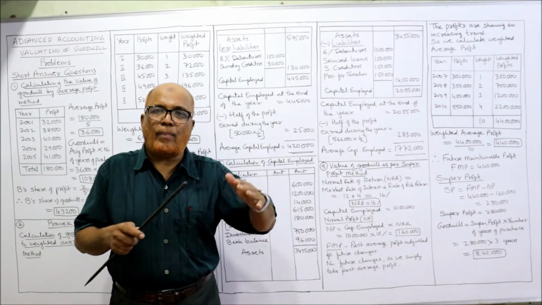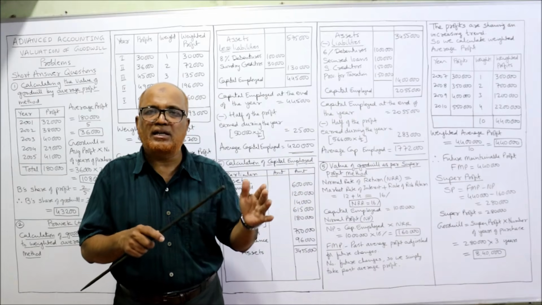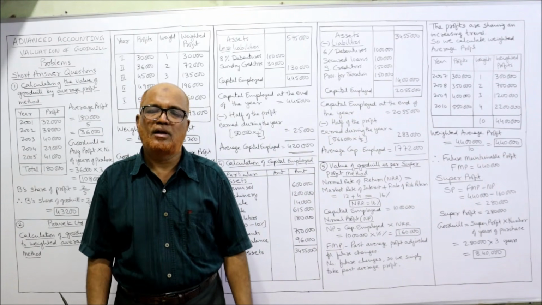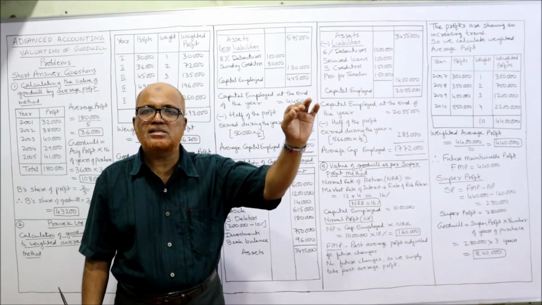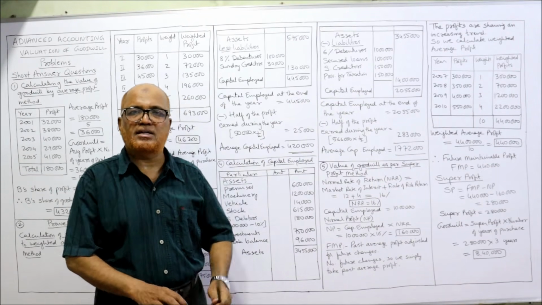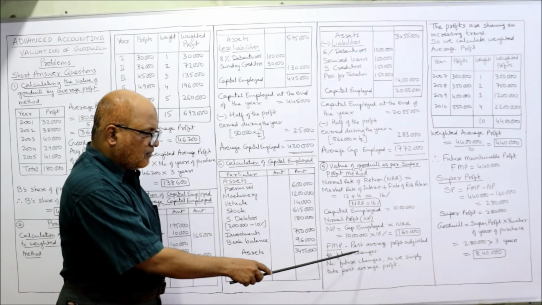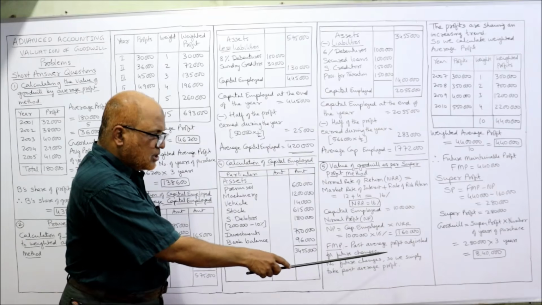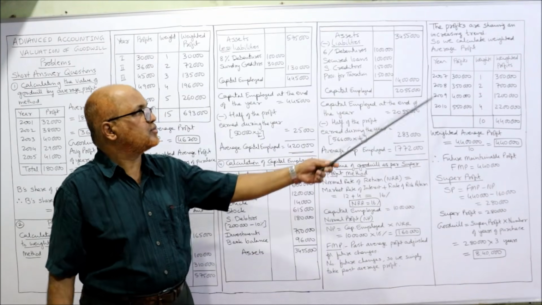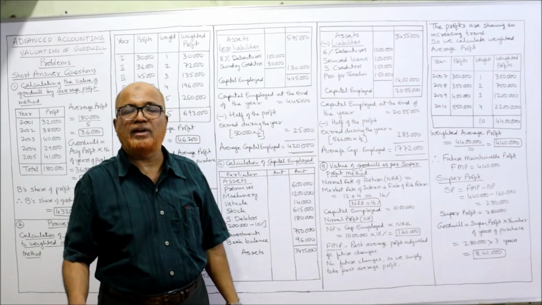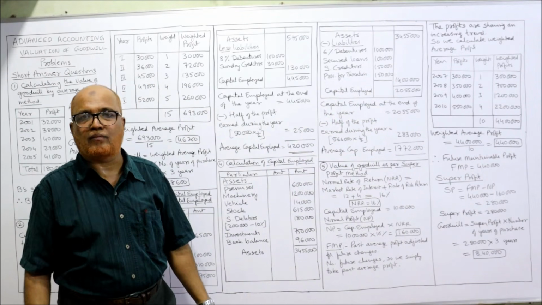So whatever is the past average profit, that itself will be the FMP, future maintainable profit. And the profits are showing increasing trend, so we calculate weighted average profit.